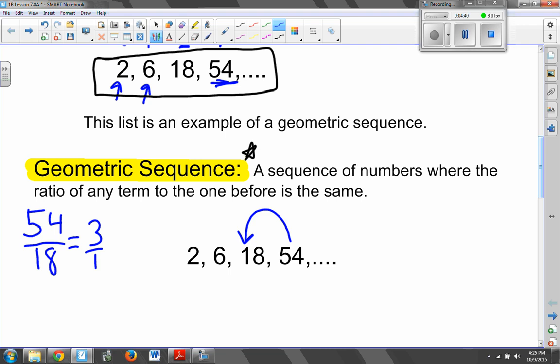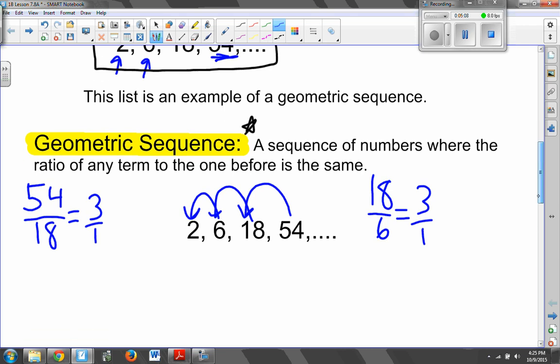Now I'm going to do the same thing again, but I'm going to look at 18 and the term before that one, which is 6. If I do 18 over 6, 18 divided by 6, hopefully we know that's also 3 over 1 if I divide top and bottom by 6. And one more time, I'm going to look at 6 and 2, because 2 comes right before 6.